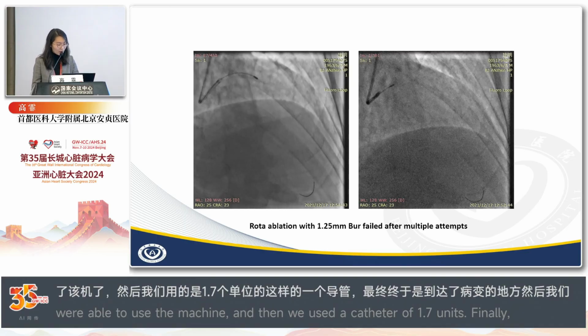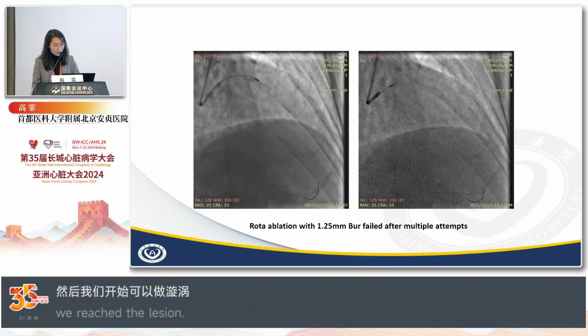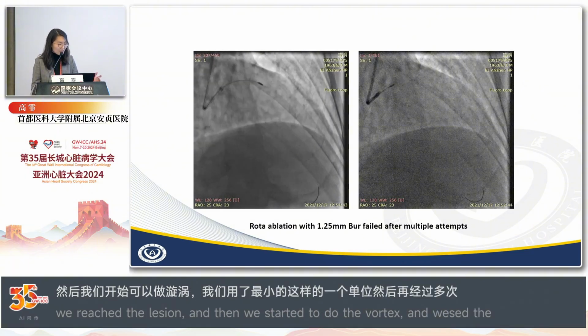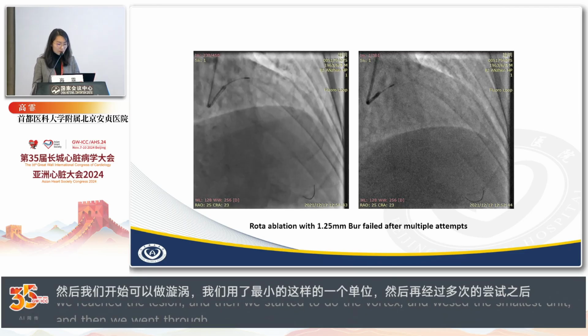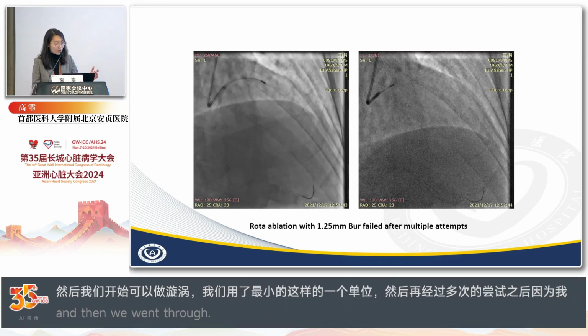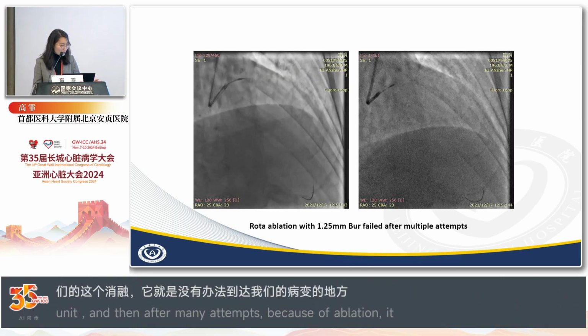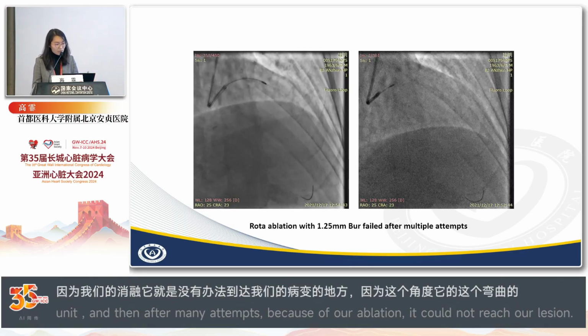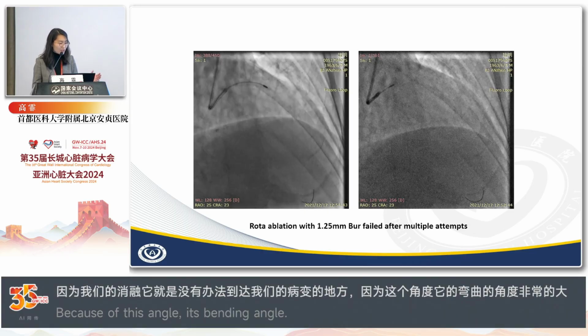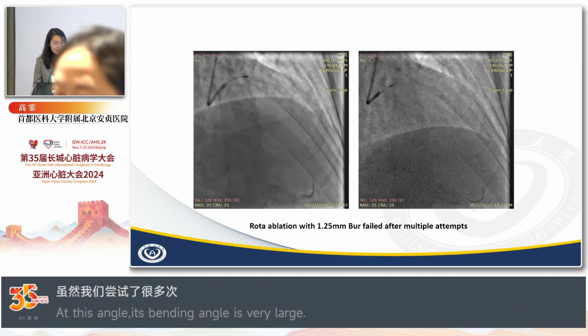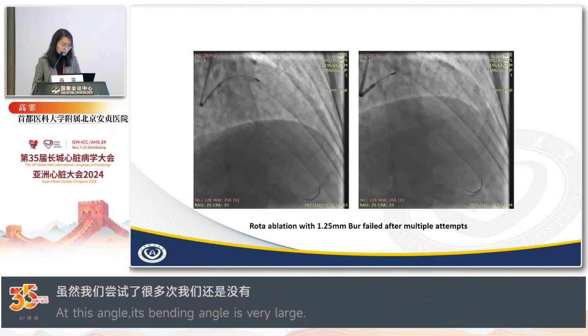We used the smallest burr to perform rotablation with multiple attempts, but the burr just could not pass the lesion because of the acute curve and the severe stenosis. Even after multiple attempts, the rotablation burr still could not pass.